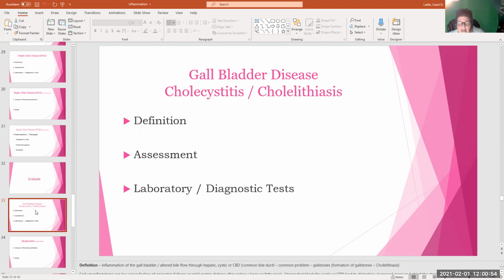If for some reason, when the stones are lodged in the duct, and they have to do an exploration of the CBD, they may have to insert a T-tube once the gallstone is removed. It's like a little stent with a drainage pouch on it, to drain the bile and keep that passage open while the inflammatory process kind of reverses and the edema goes away.